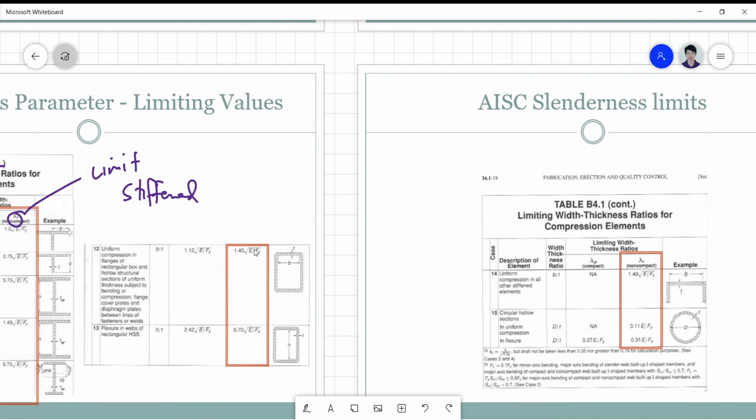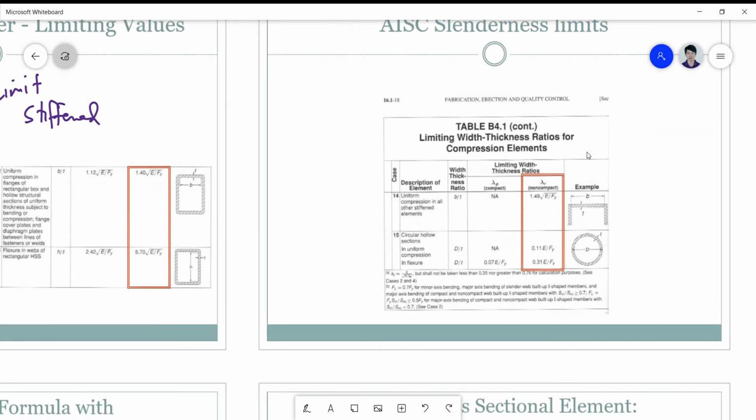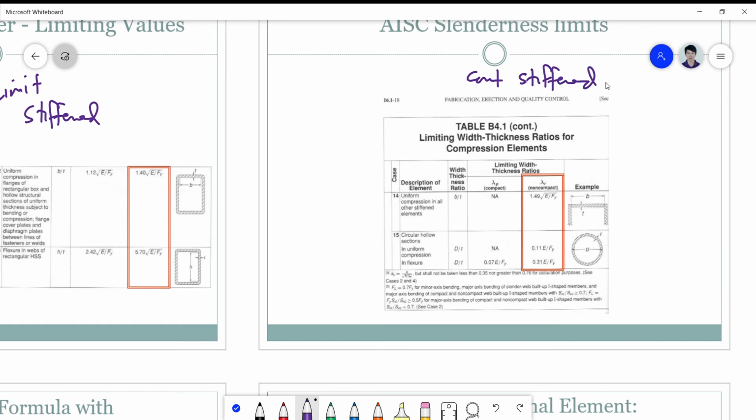Okay, so this is still the stiffened continuation. Okay, so when we go to problem solving, lambda r here for compression members having local instability will be our basis for our limits.